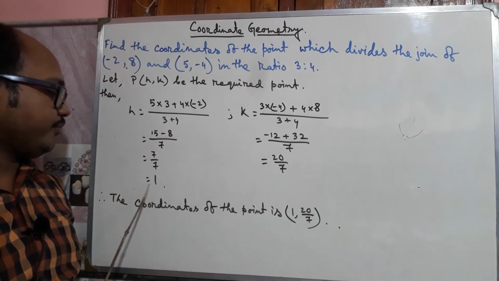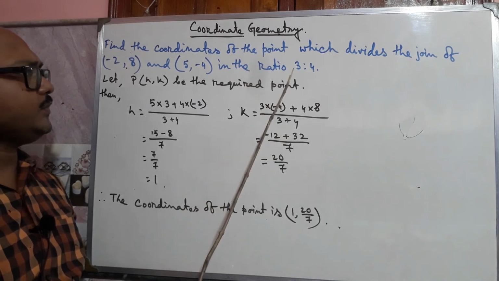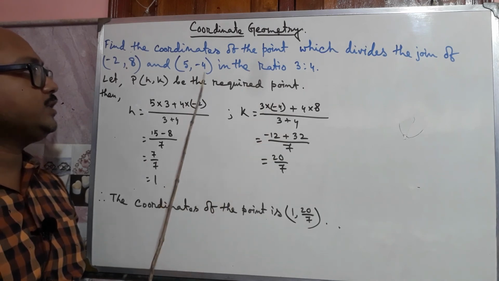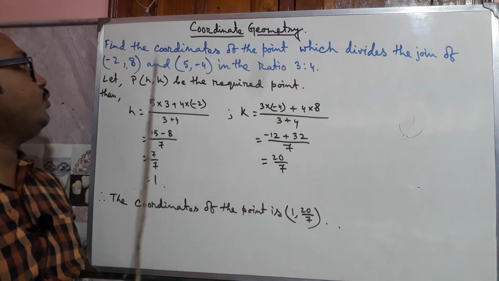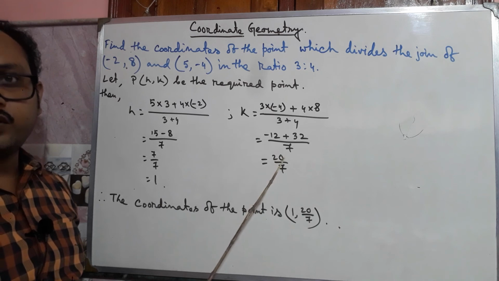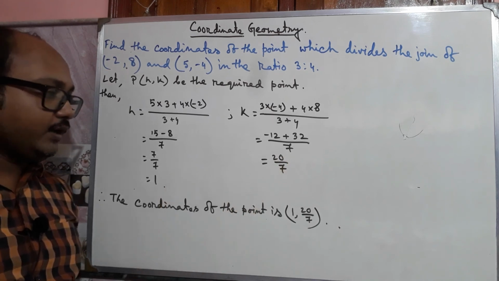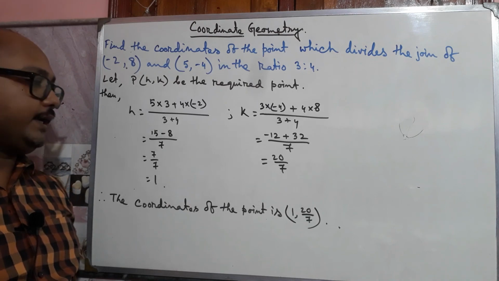By calculating we get 1. And k will be (3 into -4 plus 4 into 8) by (3 plus 4), that is 20/7. So ultimately the coordinates of the point are (1, 20/7).